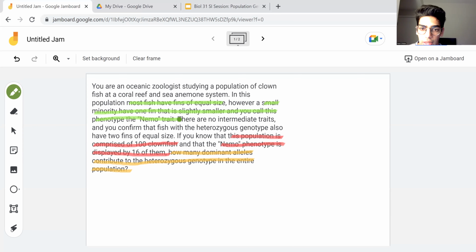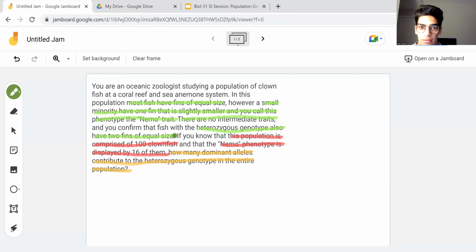So let's look. Well, there are no intermediate traits. So there's no traits in between having the Nemo trait and having the fins of equal size. So we're going to assume that there are two traits that show up, or like two phenotypes. But again, even if you have two phenotypes, you're still going to have three genotypes. And so we confirm that the heterozygous genotype also has two fins of equal size.